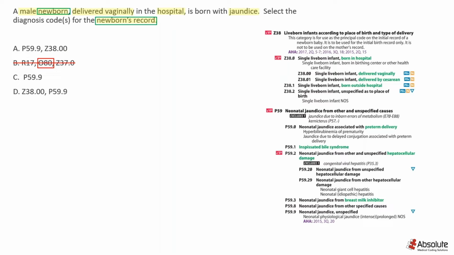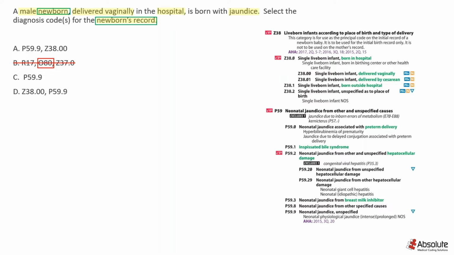And the guideline C16.A.2 is for principal diagnosis for birth record. Since we are coding for a newborn record, we have to assign Z38 as primary.